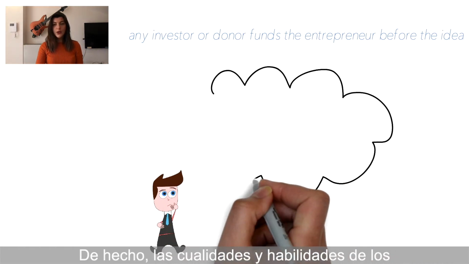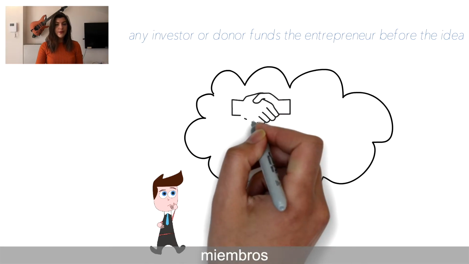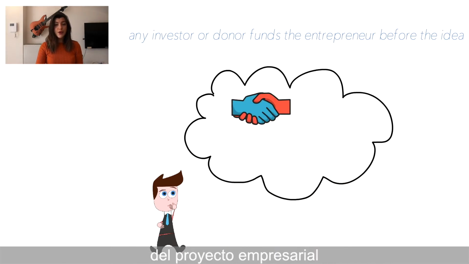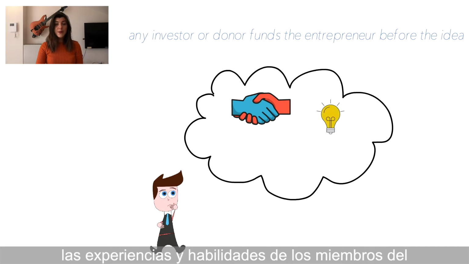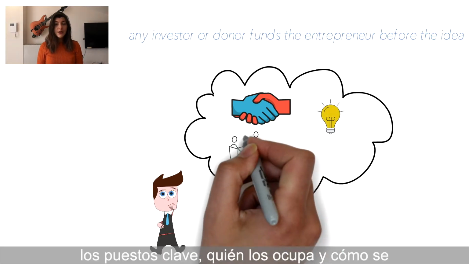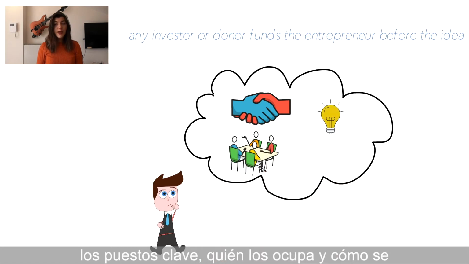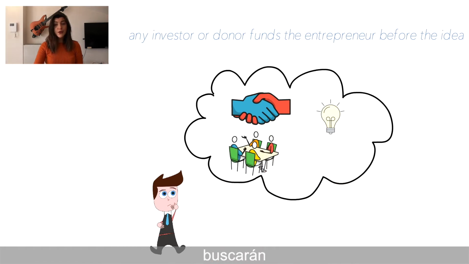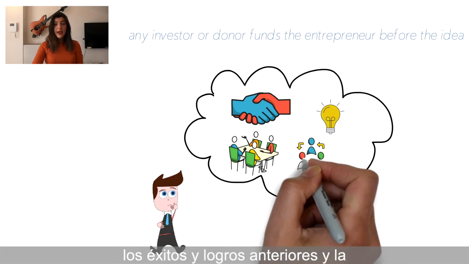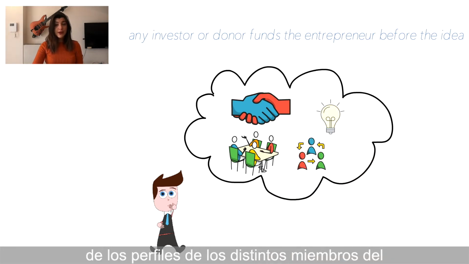In fact, the qualities and skills of the members and any other key employees are the calling card of the business project, especially if you're starting from scratch. It's important to make clear experiences and skills of the team members, key positions, who holds them, and how you will look for positions not yet covered, past successes and achievements, and the complementarity of the profiles of the different team members.